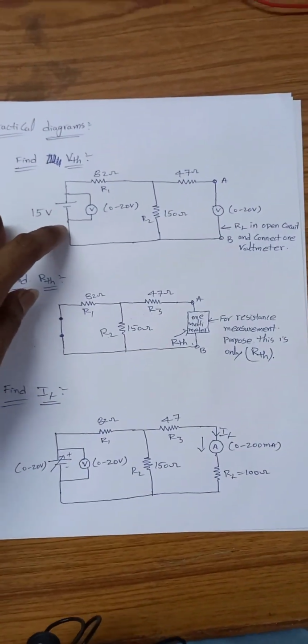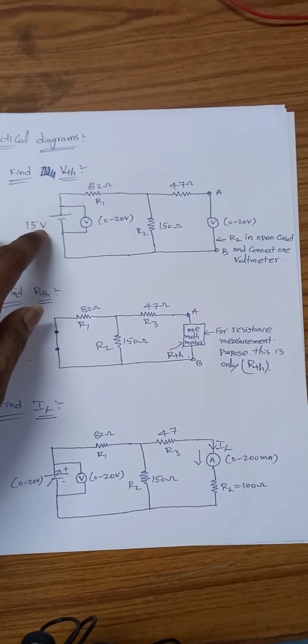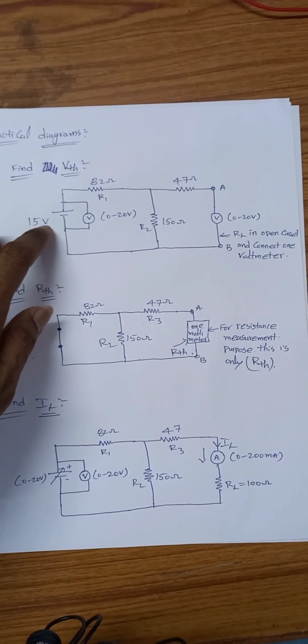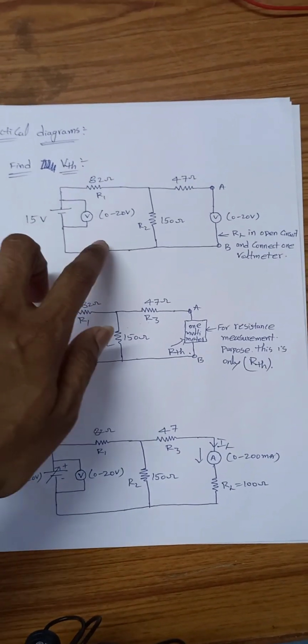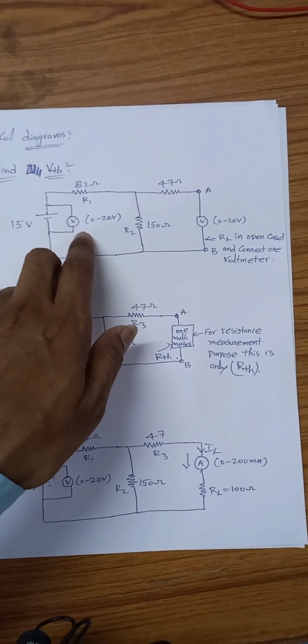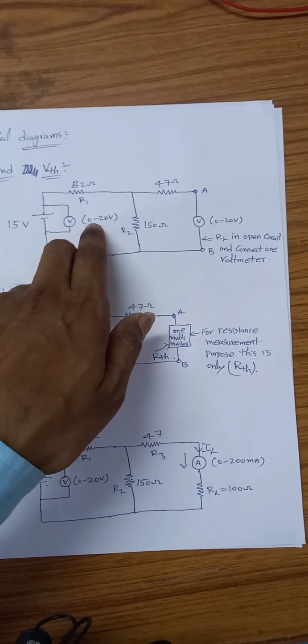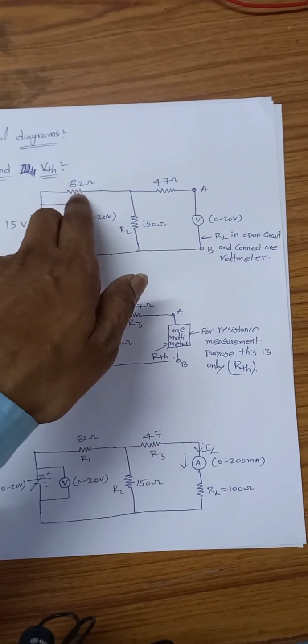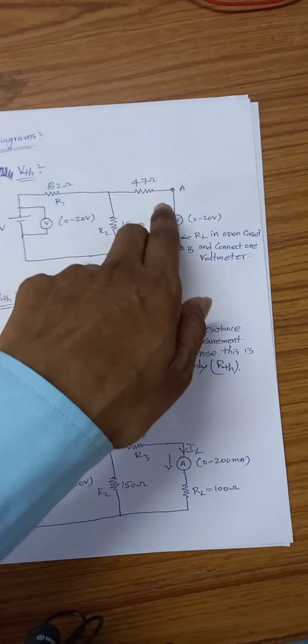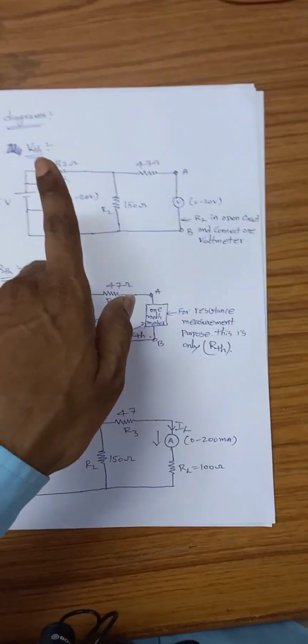So here you remember for the source voltage, how much source voltage we have taken, we need to observe by using this voltmeter. It means across the source we take one voltmeter. That voltmeter range is 0 to 20 volts, and the remaining resistances R1 is 82, and 150 and 47. All three resistances are the same.